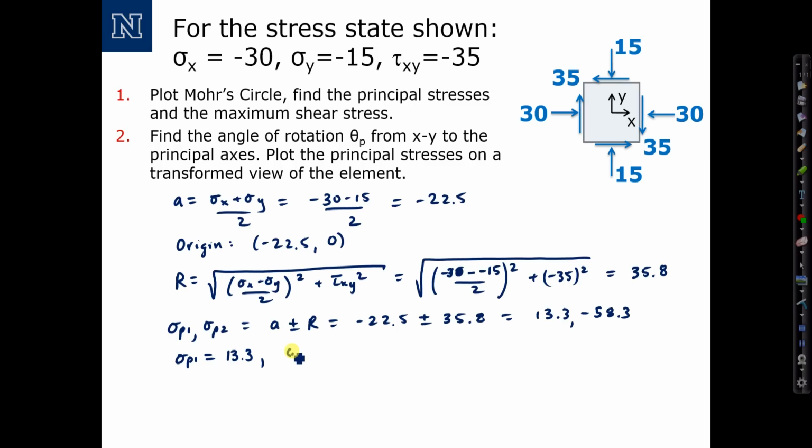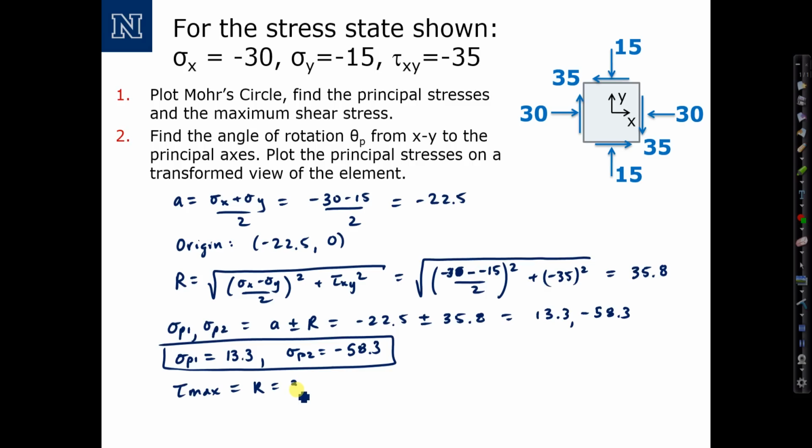The more negative of the two is sigma p2, which equals negative 58.3. And finally, the maximum in-plane shear stress, tau max, equals the radius, which is 35.8.